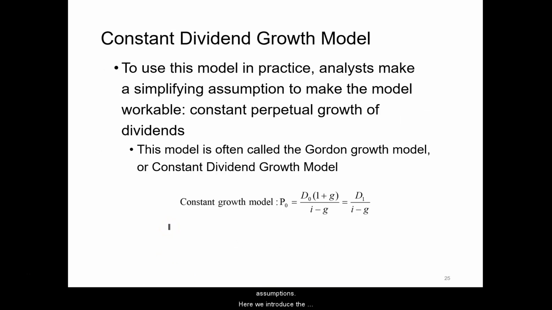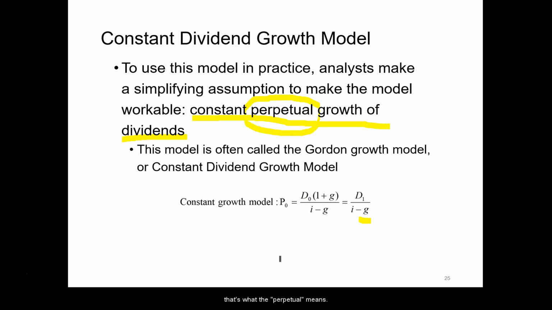Here, we introduce the constant dividend growth model, and this is based on the assumption of constant perpetual growth of dividends. So dividends are assumed to grow constantly, or say at a constant growth rate, which is the little g here. And this constant growth rate is supposed to last forever. That's what the perpetual means.